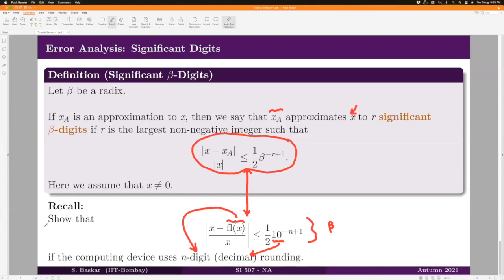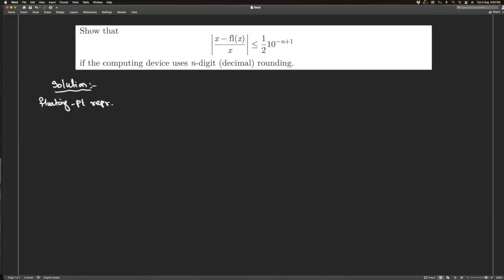And I'm sure that you would have also solved this problem. But let me give you an outline of how to go ahead to solve this problem. The floating point representation of the number x is given by minus 1 to the power of s into point d1, d2, and so on, dn, dn plus 1, and so on.